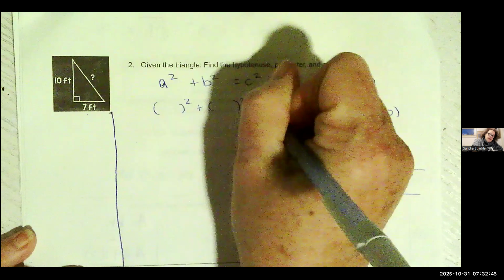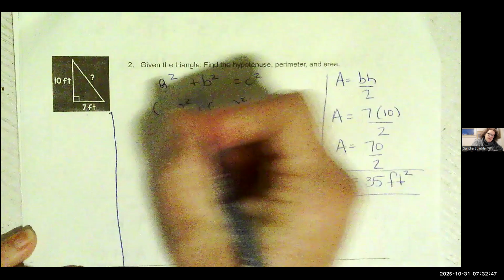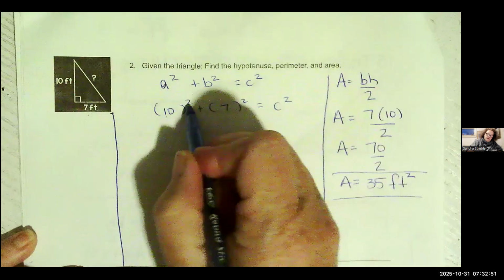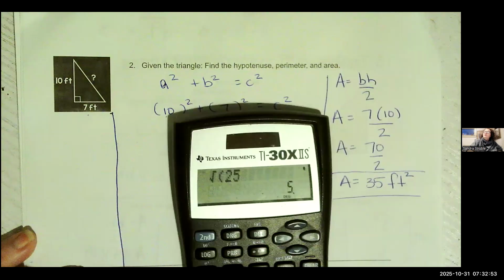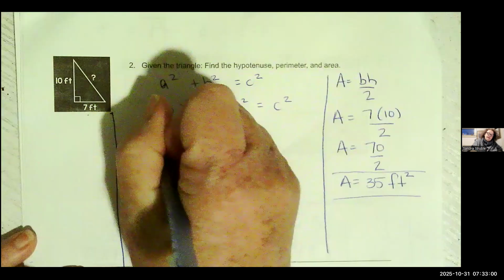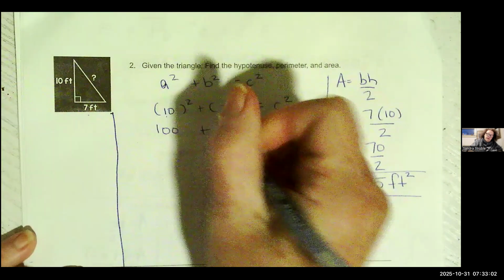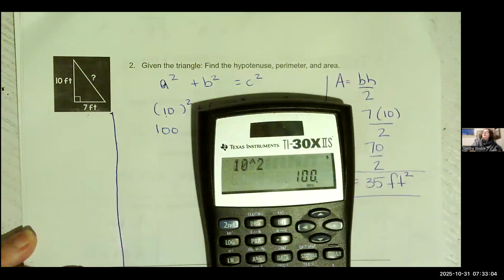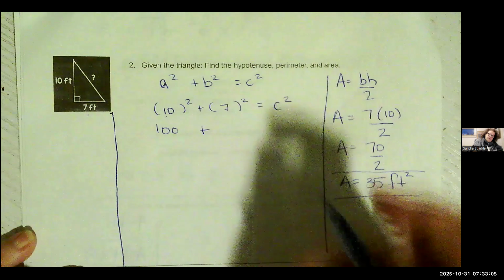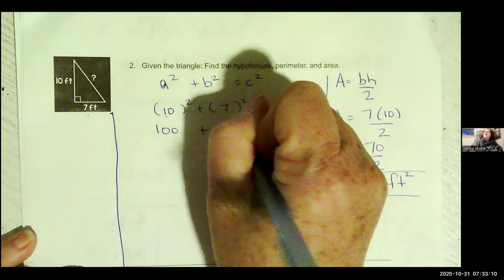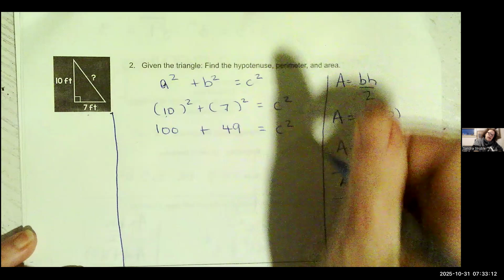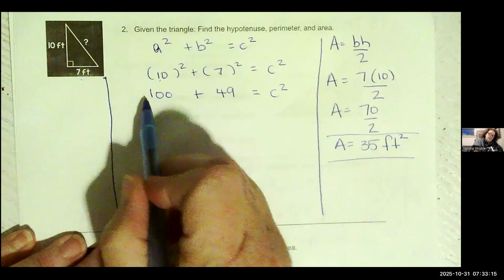So I'm going to use 10 and 7 in that manner. 10 squared is 10 times 10, or 10 caret 2 equals, and that is 100. 7 squared is 7 times 7, or 7 caret 2 equals. The next part, we have to add the 100 plus 49, and that's 149.